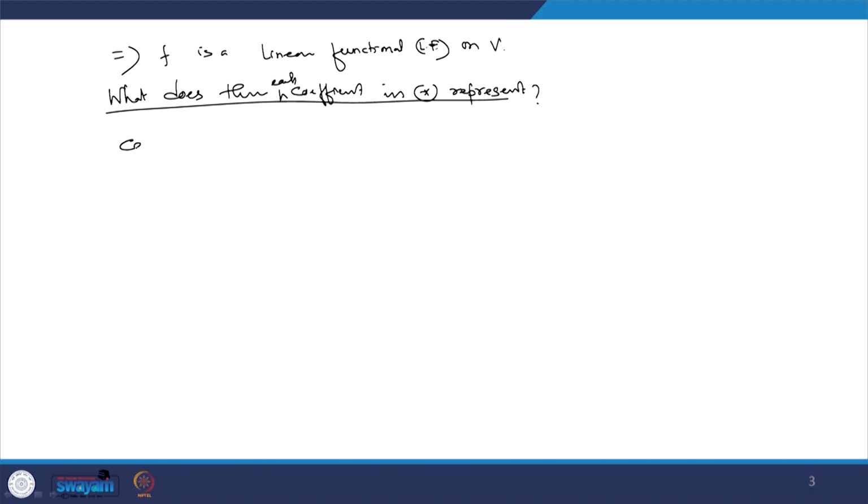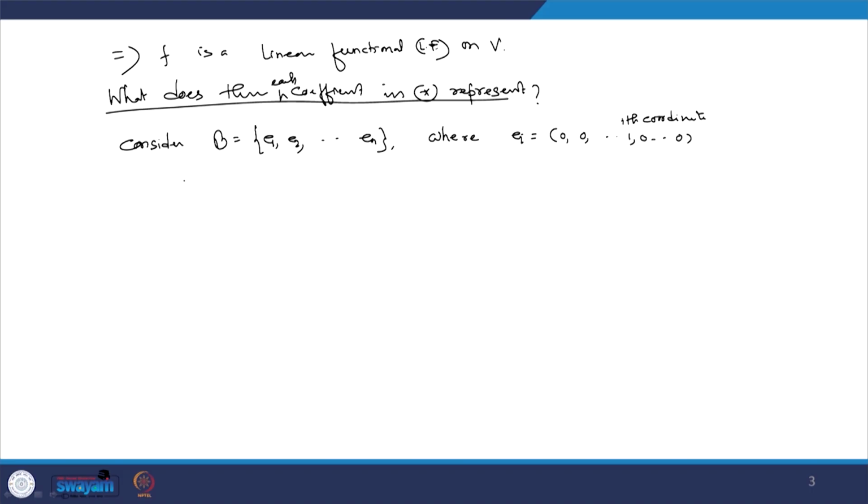So, consider the standard ordered basis, B equal to E1, E2, En, where Ei equal to 0, 0, 1, 0, 0. This is the ith coordinate is 1, all other coordinates equal to 0. So, this is my Ei.